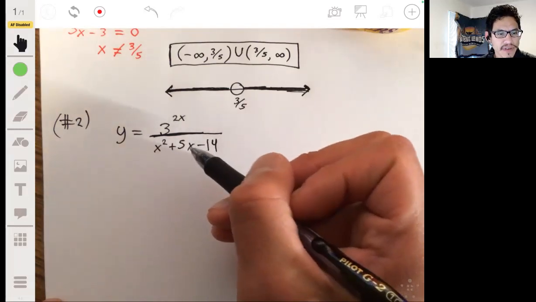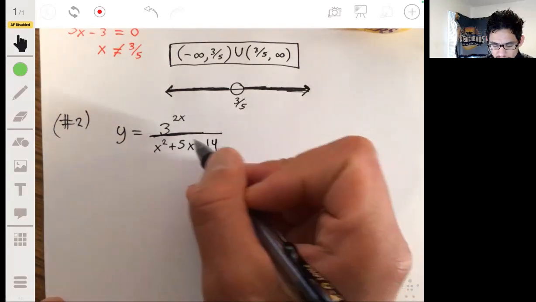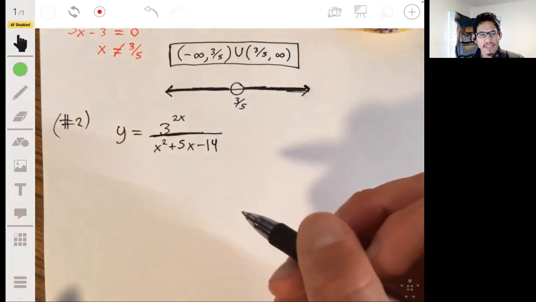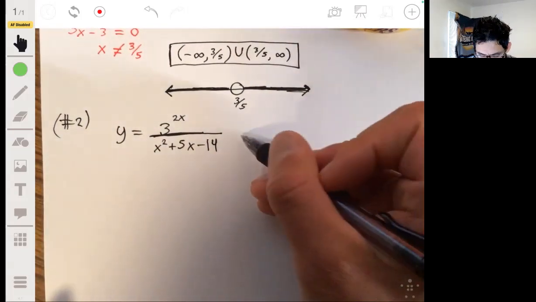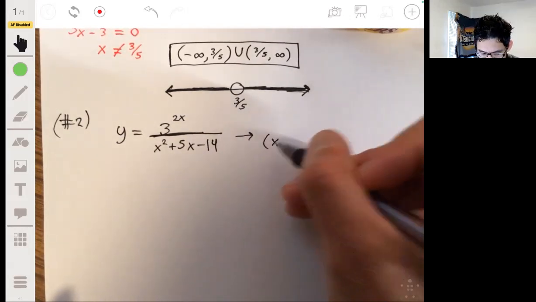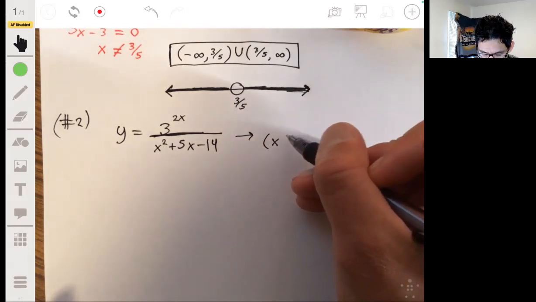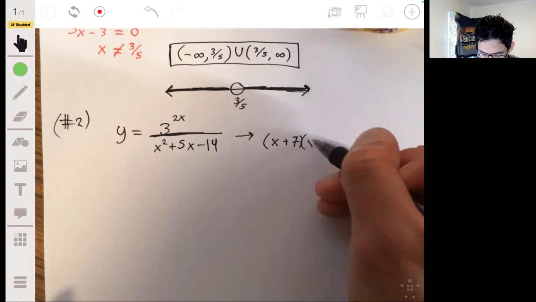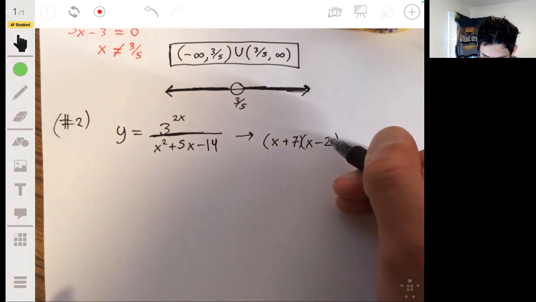Now for the x squared plus 5x minus 14, let's figure out what values, if any, would make that 0. It would probably be easiest to factor this first. This will be x plus 7 times x minus 2.